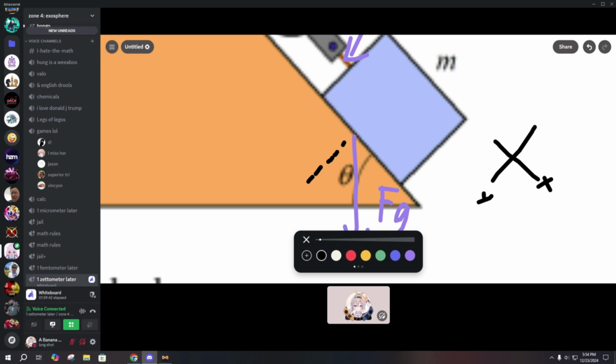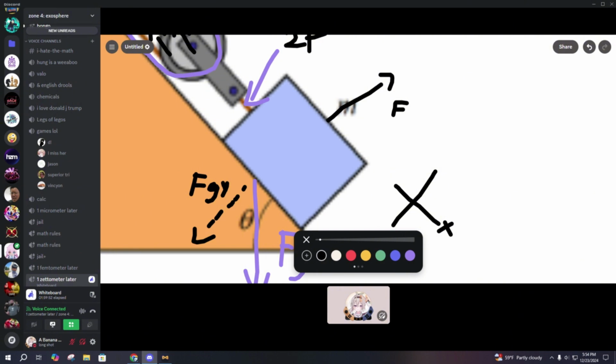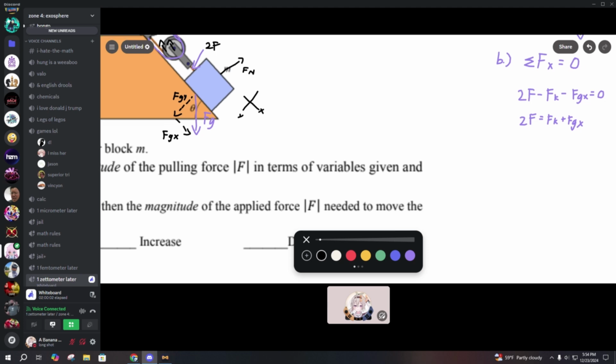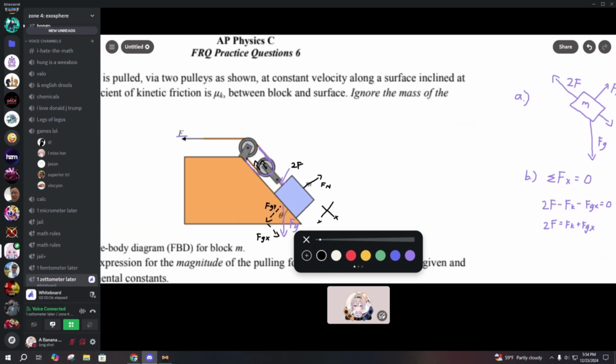I know there's going to be an FGY like this, right? There's going to be this normal force, which is equal to that FGY's length. It's the same magnitude. And there's going to be FGX. Okay? With that, I can find what these are in terms of the diagram given.